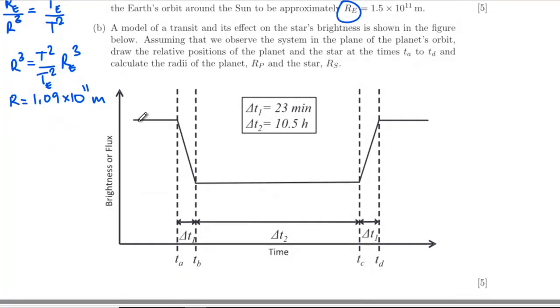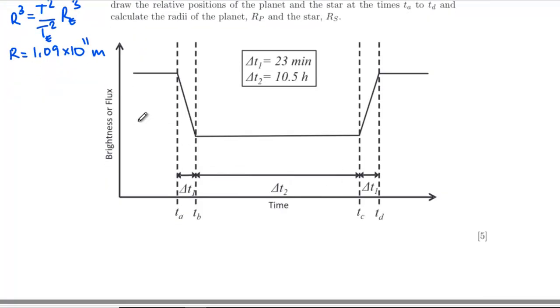A model of the transit and its effect on the star's brightness is shown in the figure below. Assuming that we observe the system in the plane of the planet's orbit, draw the relative positions of the planet and the star at times TA to TD. Calculate the ratio of the radii of the planet and the star. Right, so we want to draw the pictures and then work out radii.